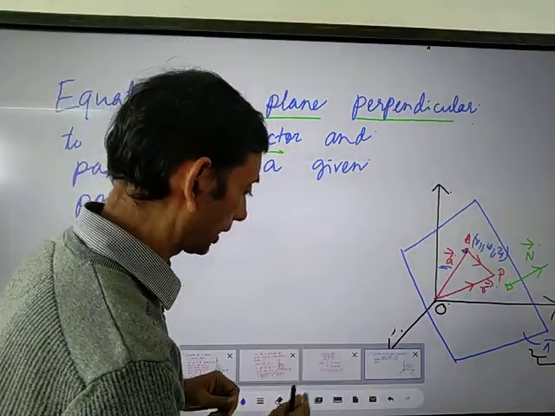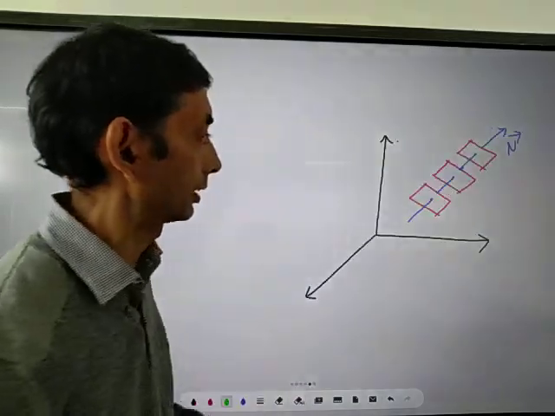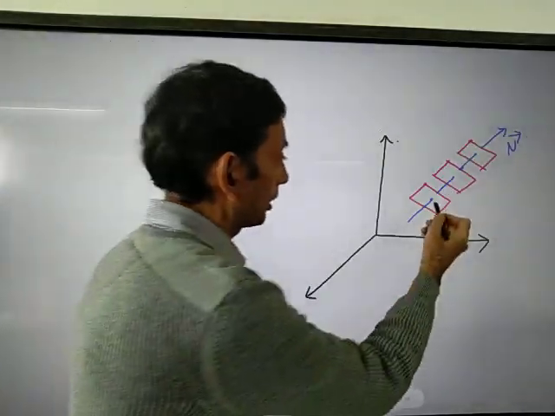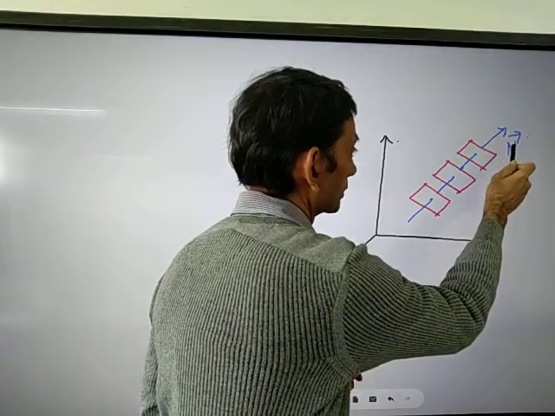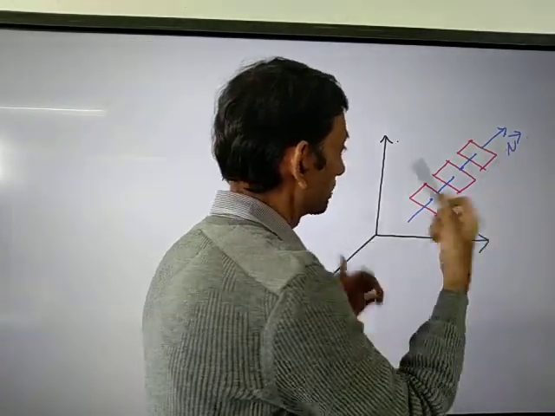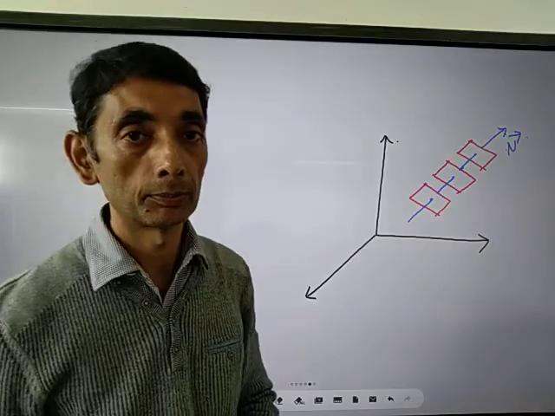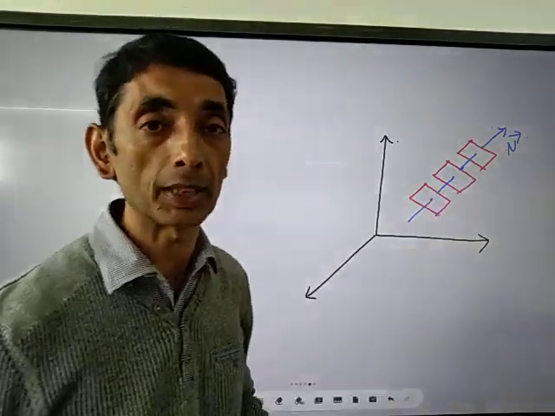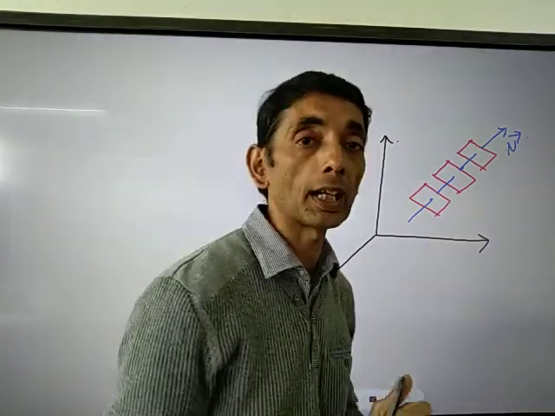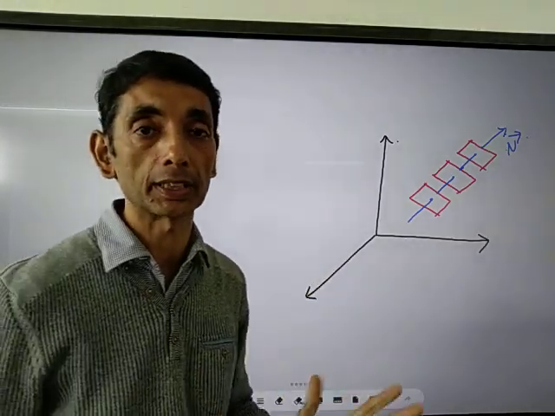For that we can refer to this figure. These are some parallel planes, and this vector n cap is perpendicular to each of them. Therefore a vector can be perpendicular to infinitely many planes. But now we are to discuss a plane which is unique.